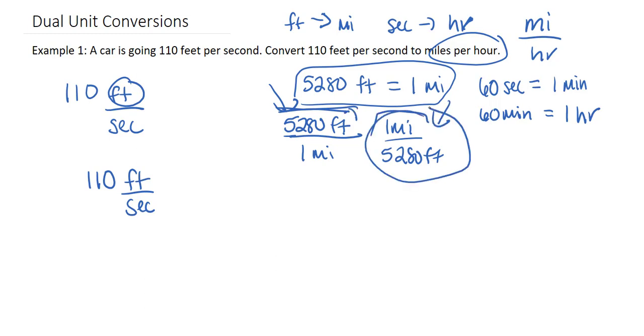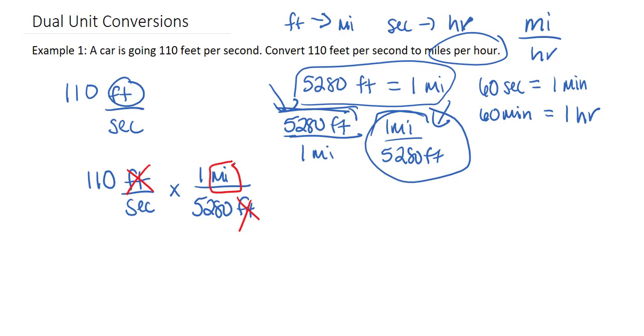Well, it's going to be this one, because we need to get miles on the top. So let's go ahead and go 1 mile over 5,280 feet. So when we do that, we can get rid of feet that way, and we're left with miles, which is exactly what we want. So we're done with the distance.